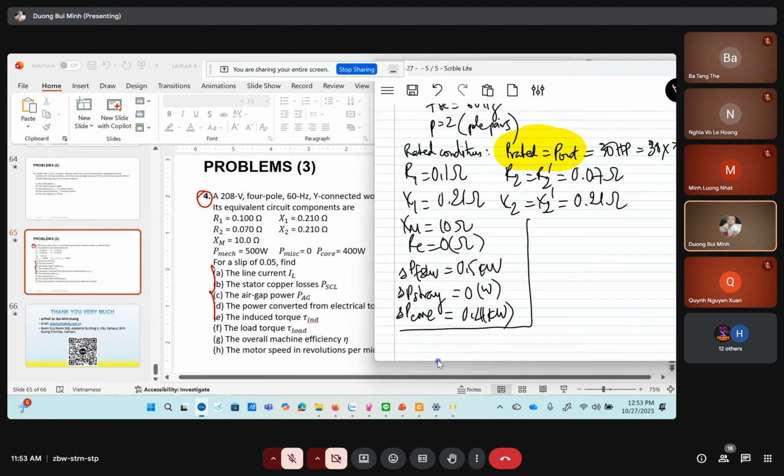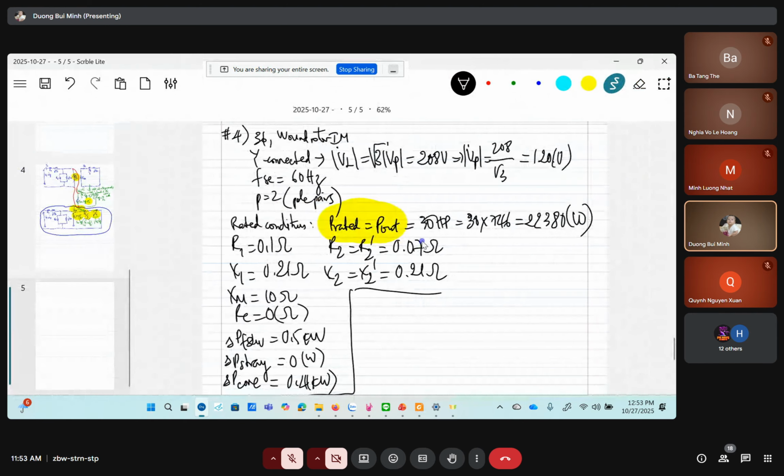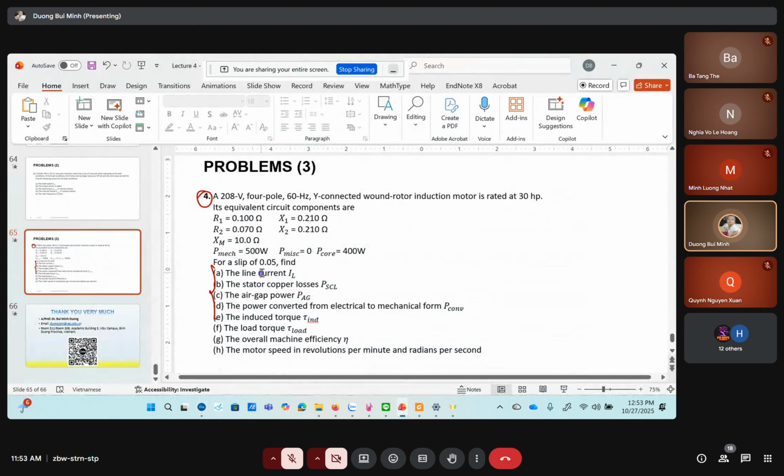And question A. The slip is 0.05, they give us the slip is 0.05. So find the line current I_L.